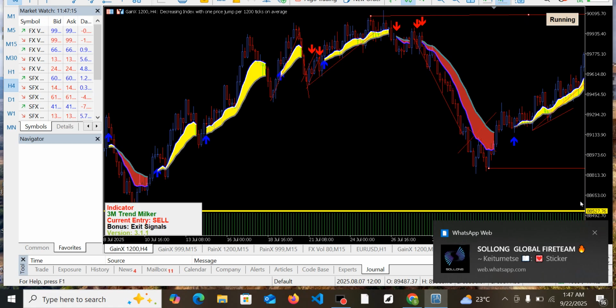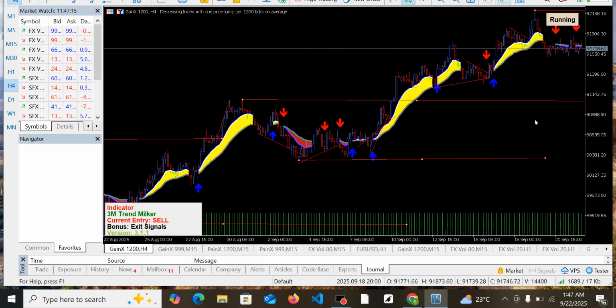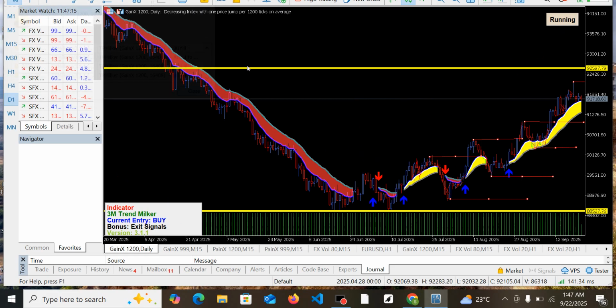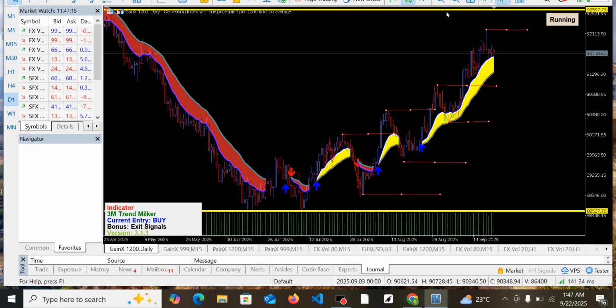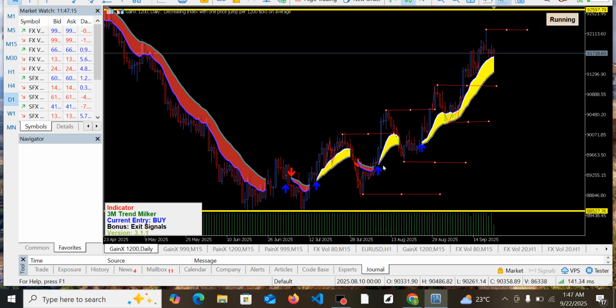I'm trying to let you see how the trend is really working by going to the higher time frame to get this done right, from the higher time frame to the lower time frame. So on the higher time frame, we started with the daily time frame, we are able to highlight the resistance zone and the support zone, which happen to be a major one from the daily time frame. So we are heading towards this particular resistance zone.